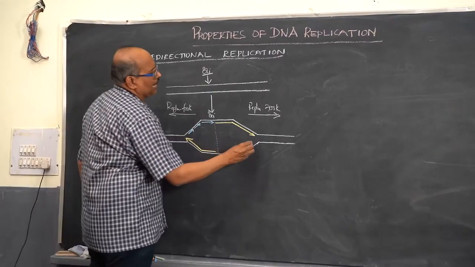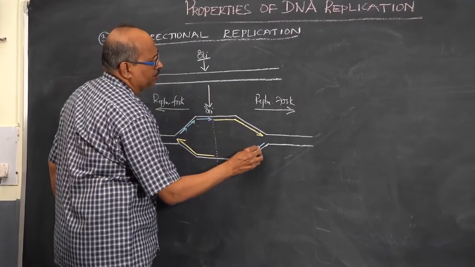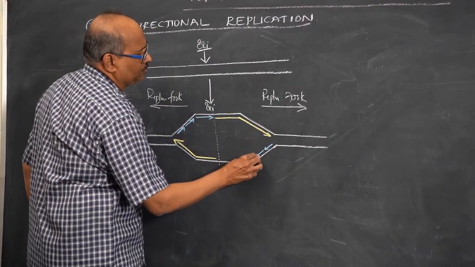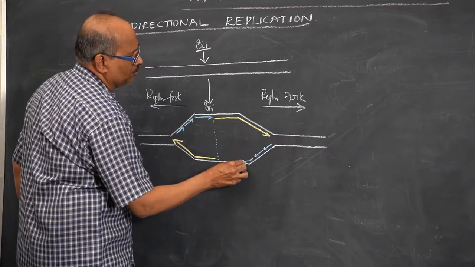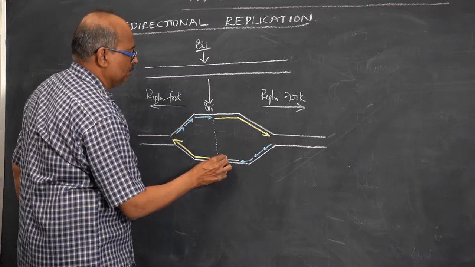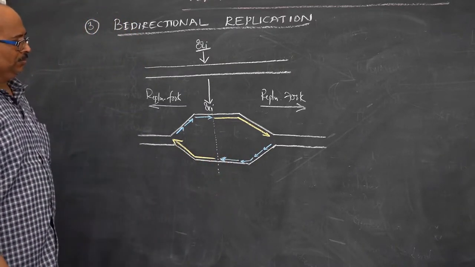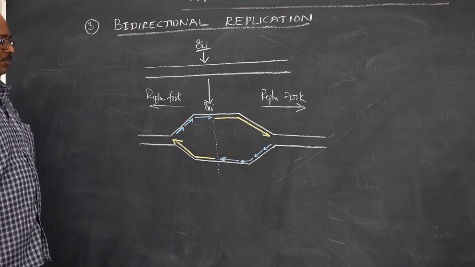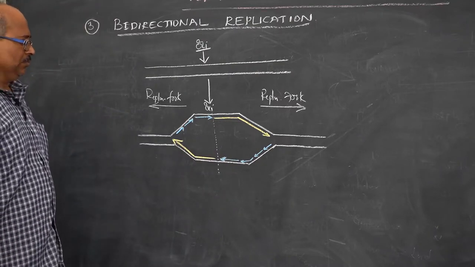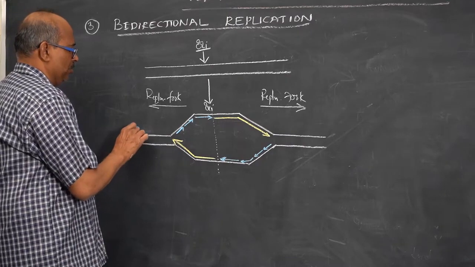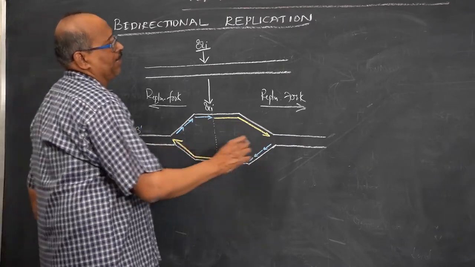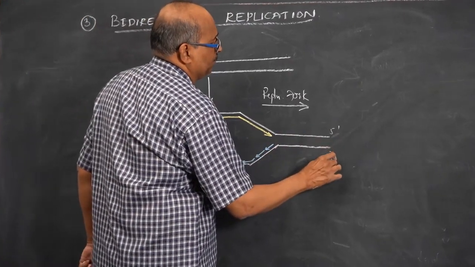These are the lagging strands. So we have 3 prime, 5 prime, 5 prime, 3 prime.